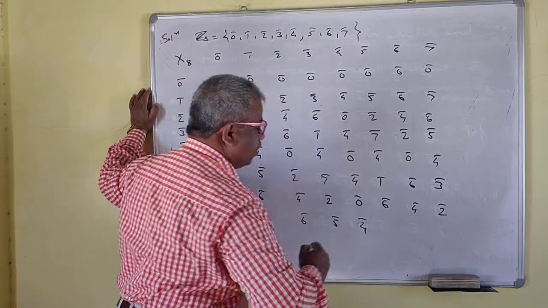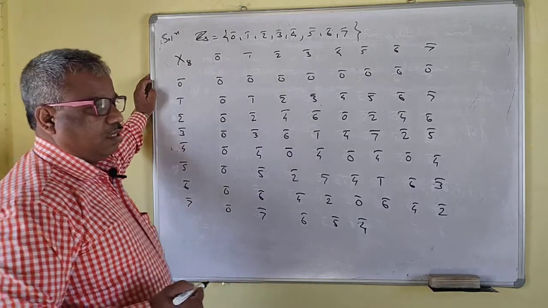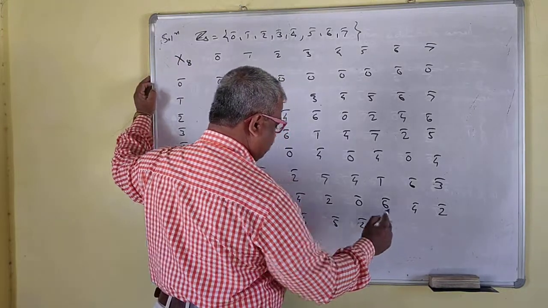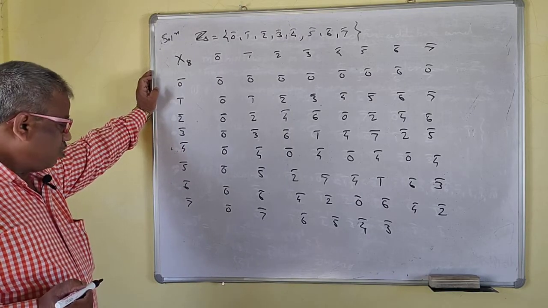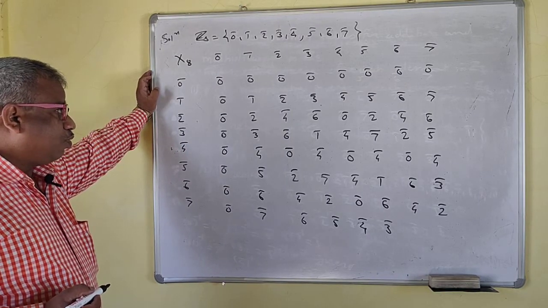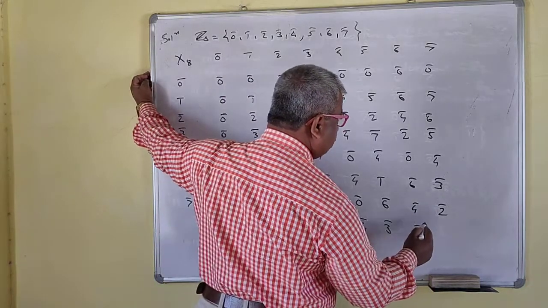It is 4 bar. Okay. So then 35 bar. 32 plus 3 is 3 bar. Okay. Now 42. 42 is same as 2 bar.